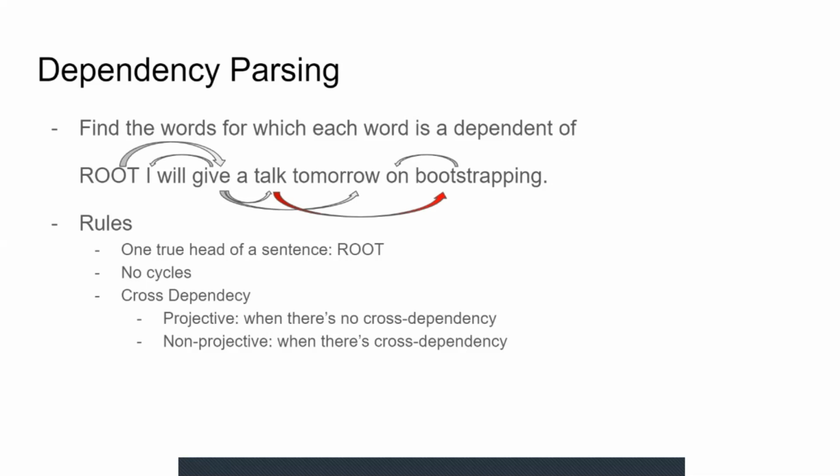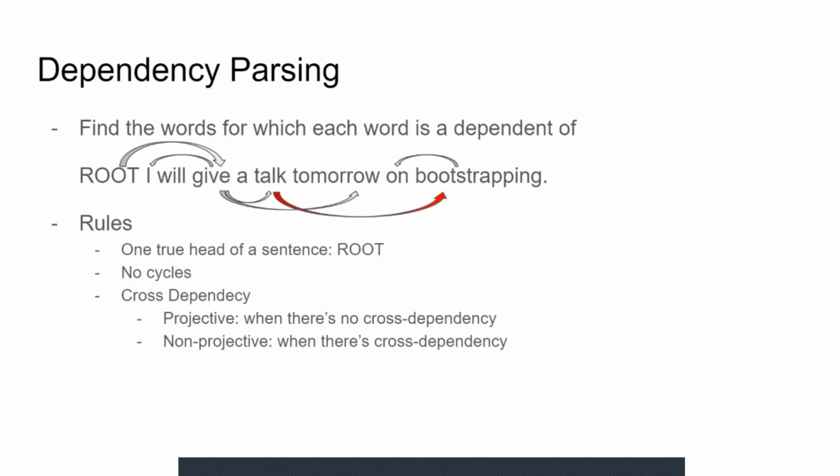I don't know if you guys have noticed, but in all of the previous sentences that we have looked at, the arrows don't cross each other. By crossing, I mean what happens here with this red arrow. Bootstrapping is a dependent of talk, and tomorrow is a dependent of give. So the arrow between give and tomorrow and the one from talk to bootstrapping are crossing.